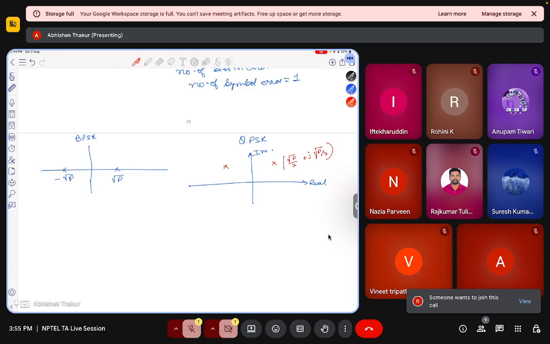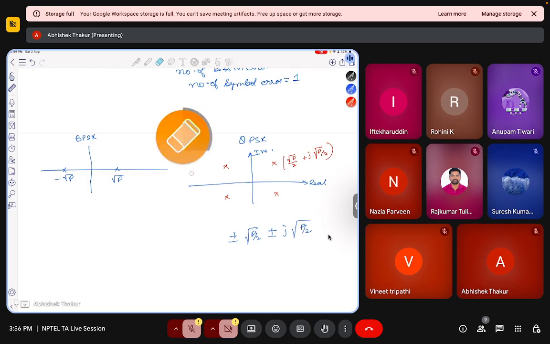Actually, this is given as plus or minus square root of P by 2 plus or minus j square root of P by 2. So you get one in each quadrant, and each symbol is shifted by 90 degrees. In BPSK, the symbol is shifted by 180 degrees. So this will be the second symbol.